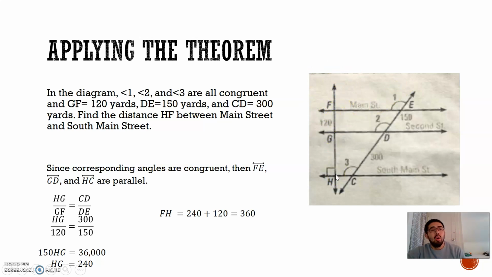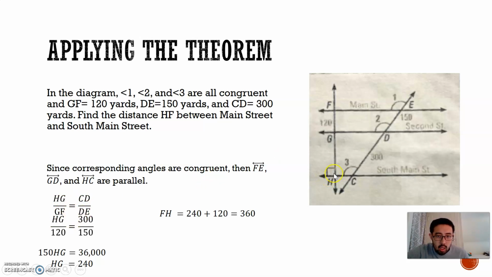Okay, so since we know these angles are congruent, then we know that these three lines are parallel, which means this to this should equal this to this. So in other words, CD to DE should equal HG to GF. Okay, so HG to GF is equal to CD over DE.